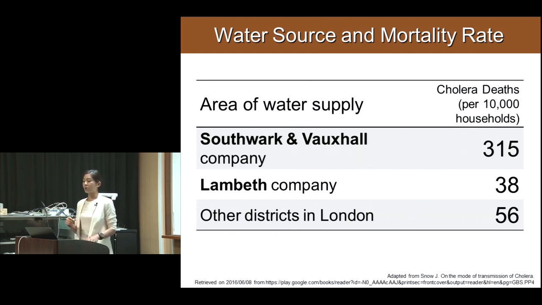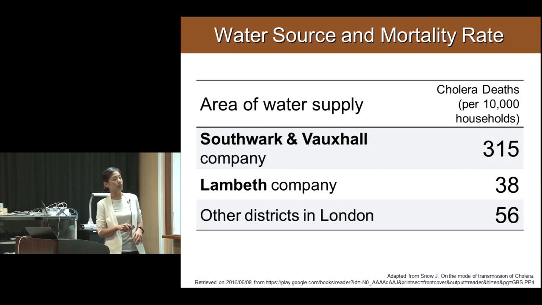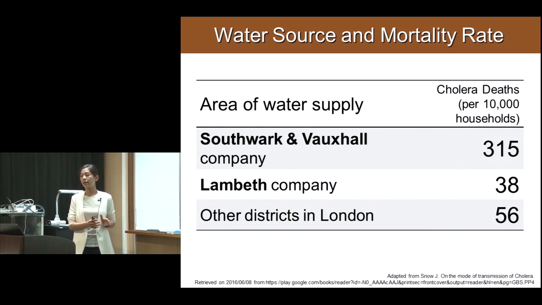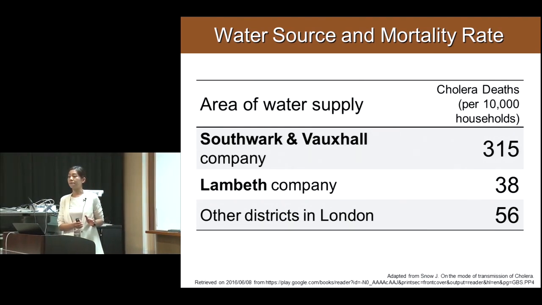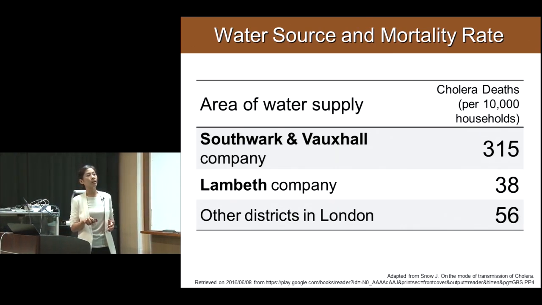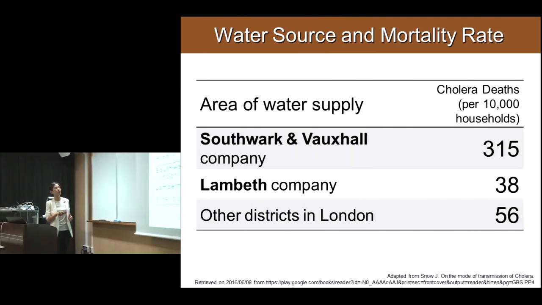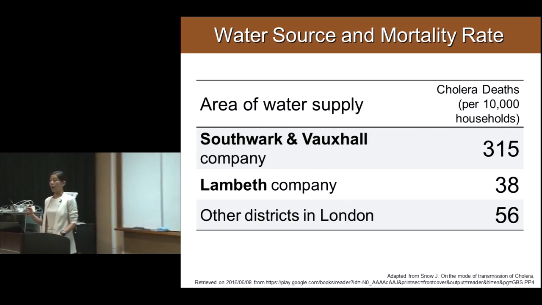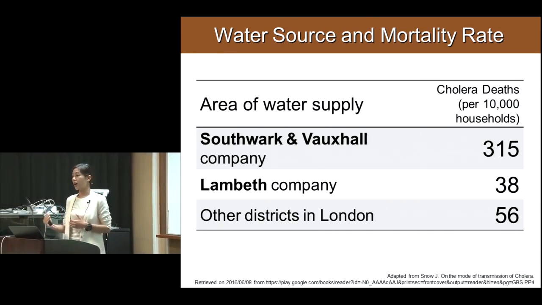But later, due to technical and non-health related reasons, Lambeth Company moved upstream of the water source to a less polluted area. So with his observation, this served as a natural experiment where he could see a much higher death rate of cholera among consumers of water supplied from the other company, and that he could prove that water was in fact the main vehicle for cholera transmission.